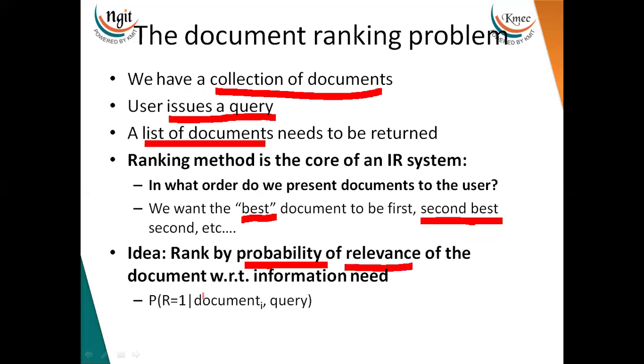Now, how are we finding it? When a particular query is given, whether a document is relevant to that query or not, we want to find out its probability. If it is relevant, we will say it is r equal to 1. If it is not relevant, we will say it is r equal to 0.